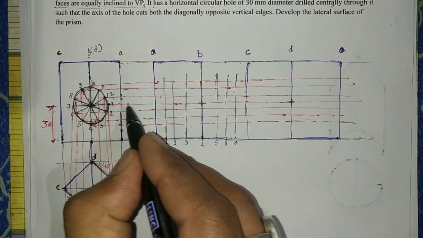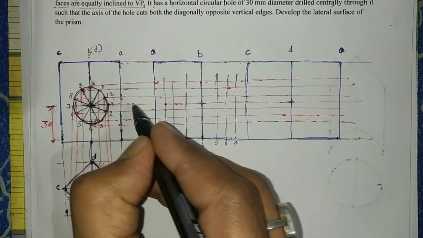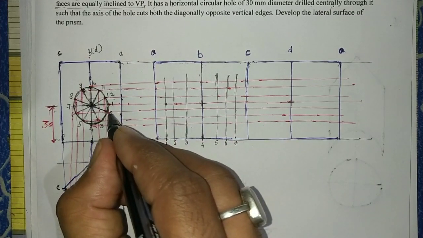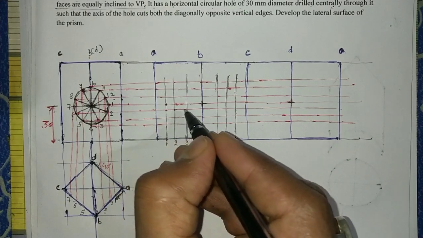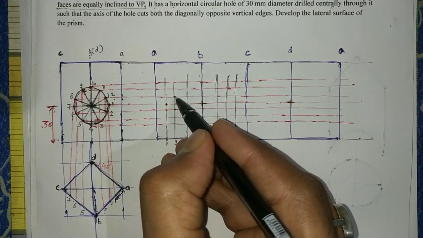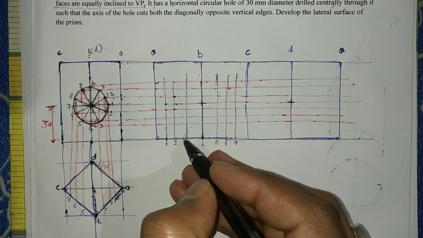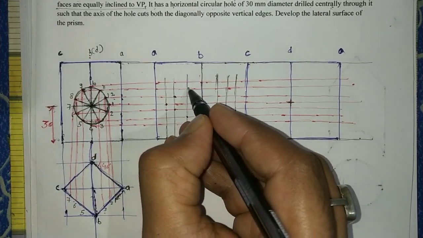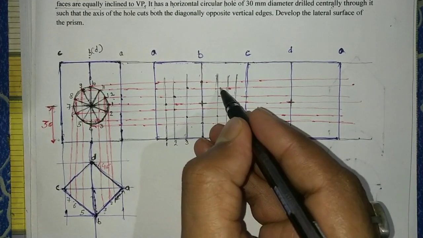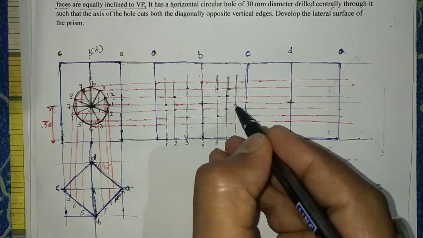This one is one line and this one is again one line, so this will be one intersection point, again 2, so 2 is this one, and 2 and 12 position line is the same. Above is one intersection point, same 3, so 3 point this one and 11, both projection lines are the same, so this one will be 3 and this one will be 11, then again 4, same goes with 5, then 6, then 7.